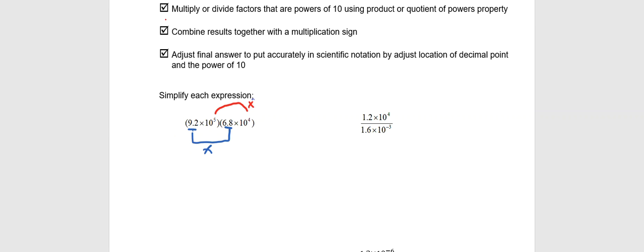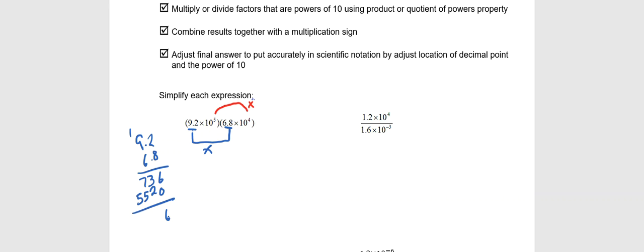Okay, so let's do the 9.2 times 6.8. Let's see, 8 times 2 is 16, carry the 1. 8 times 9, 72, carry the 1 is 73. Placeholder of 0. 6 times 2, 12, carry the 1. 6 times 9, 54, plus 1, 55.